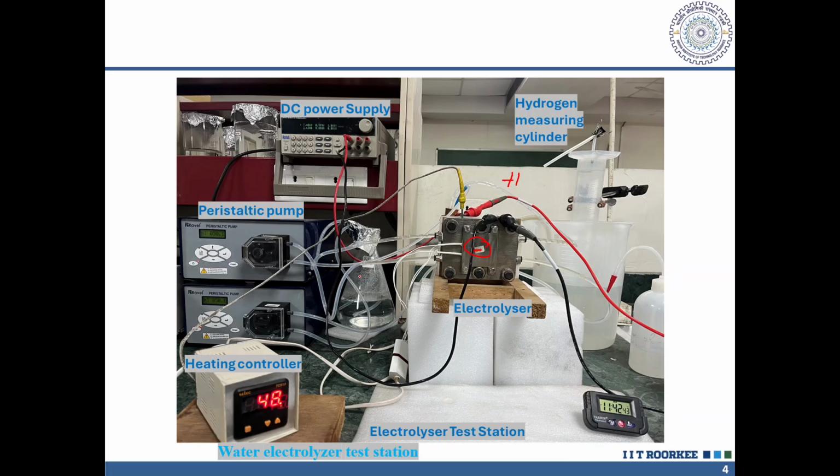I am applying an external DC power source, DC, not AC. The water will split and dissociate, and water splitting reactions take place at the anode and cathode. Hydrogen is produced at the negative cathode, and oxygen at the positive anode. Then I measure the oxygen.